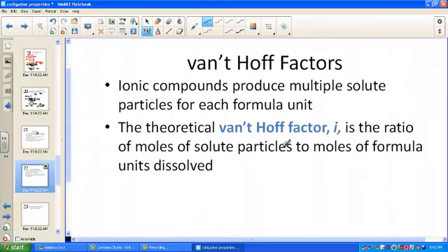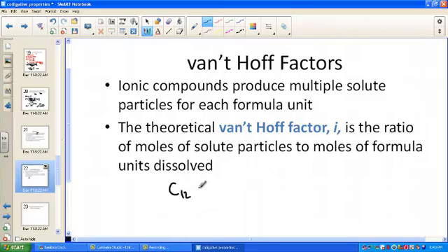Ionic compounds will produce multiple solute particles for each formula unit. Therefore, when we have an ionic compound, it affects colligative properties, boiling point, and freezing point depression. They are affected a great deal more by an ionic compound than by a molecular compound.